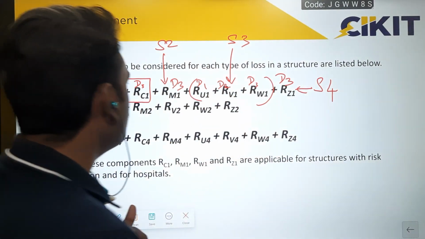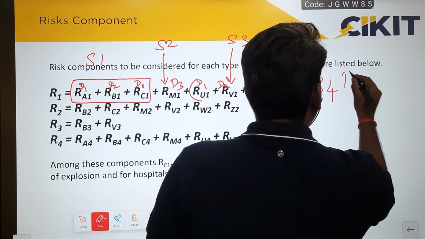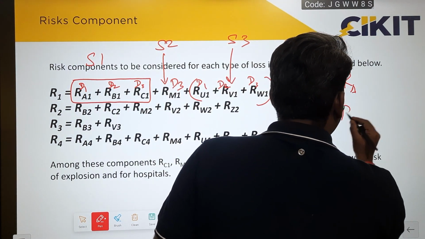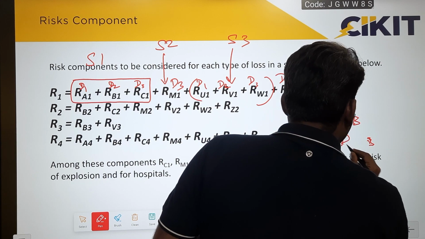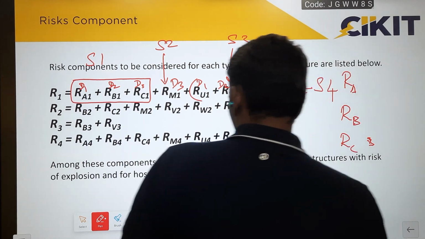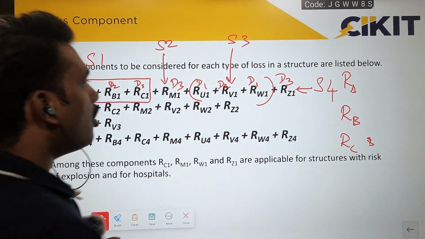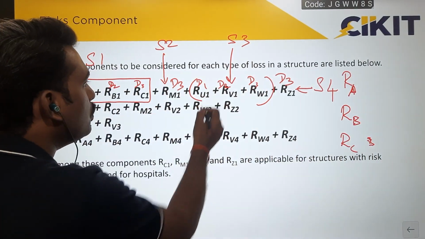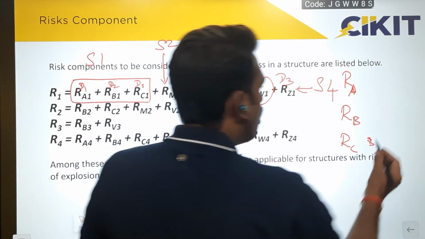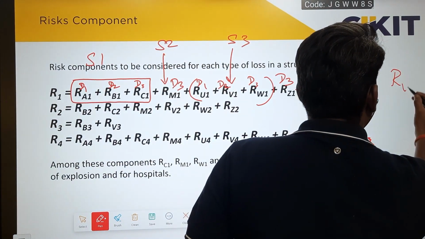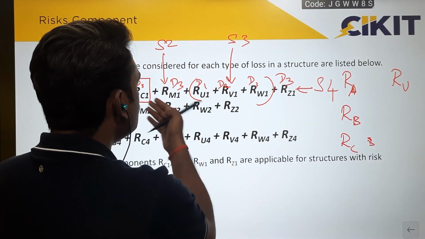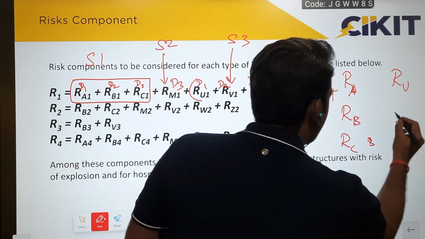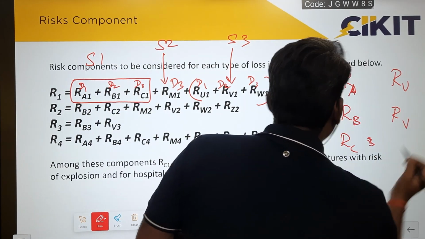In this we can group. RA, RB, RC. RA is due to injury to human beings. Similarly, in the next group, RU is due to injury to human beings. So RA and RU will be of the same group. RB is due to physical damage, so RB and RV are the same.